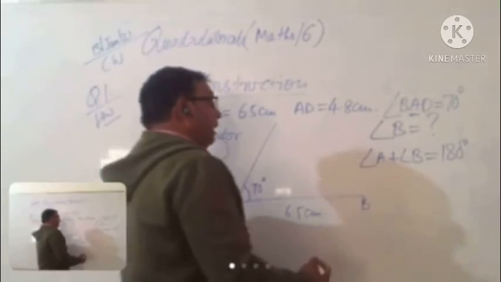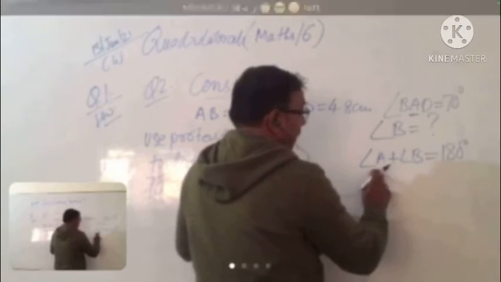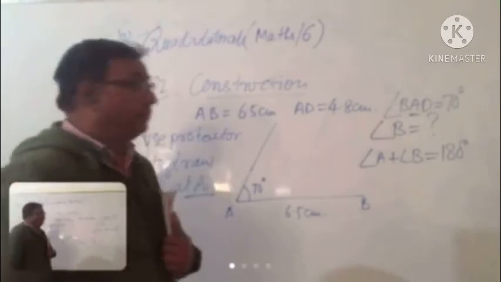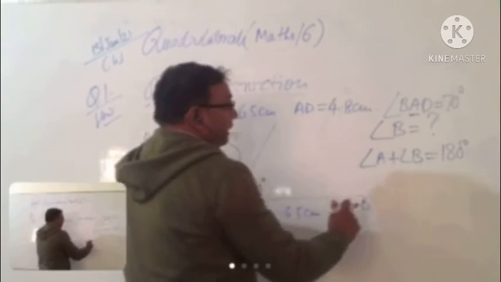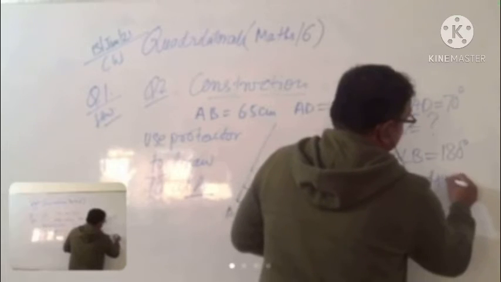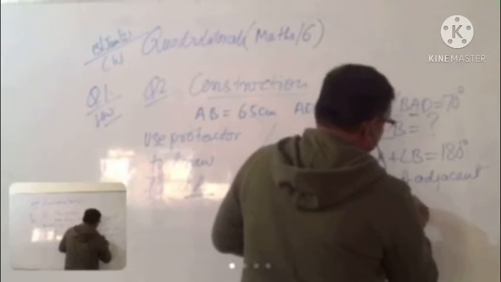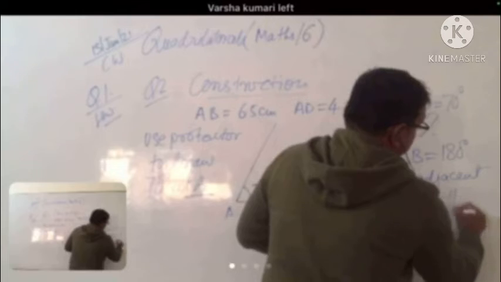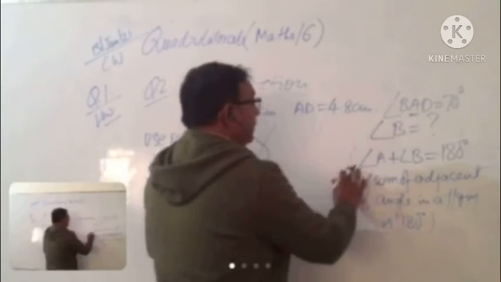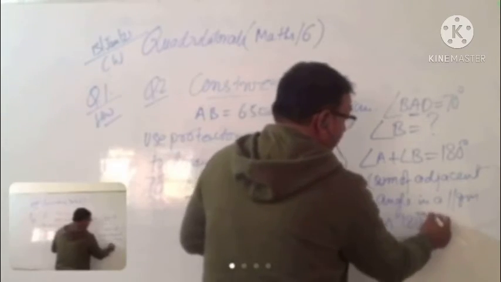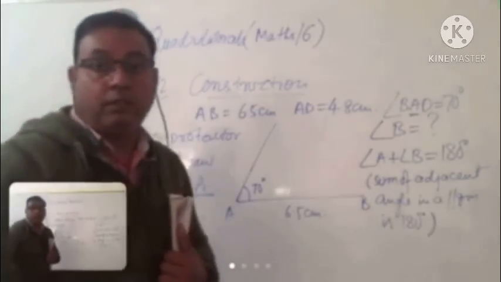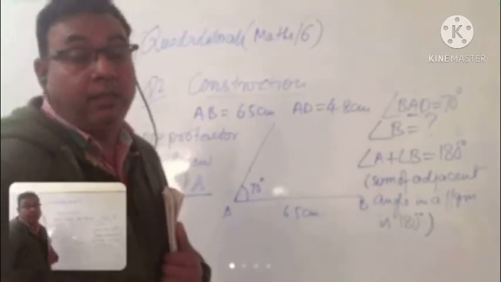Now angle A plus B is equal to 180 degrees, because angles A and B are co-interior. In a parallelogram, opposite sides are equal and parallel. I think it is clear now. We are constructing a parallelogram, so opposite sides are equal and parallel. That's why angles A and B are co-interior, so their sum is 180 degrees.